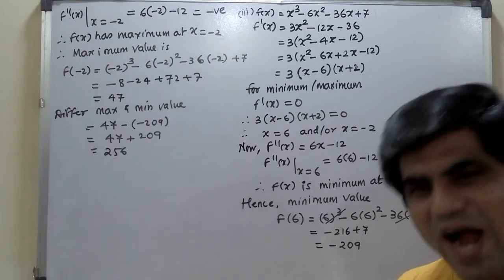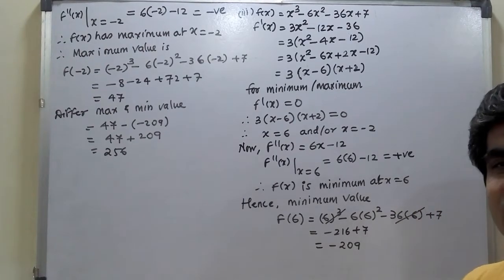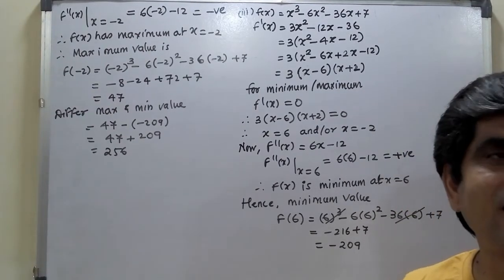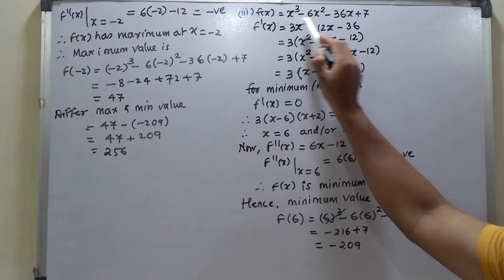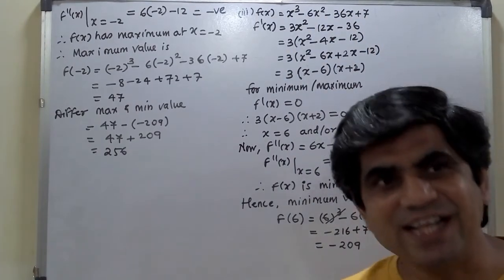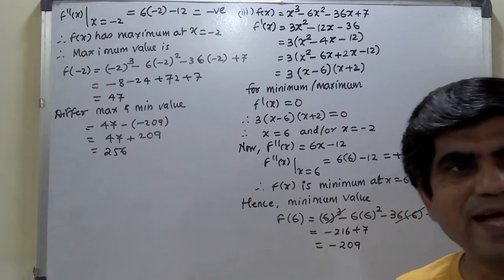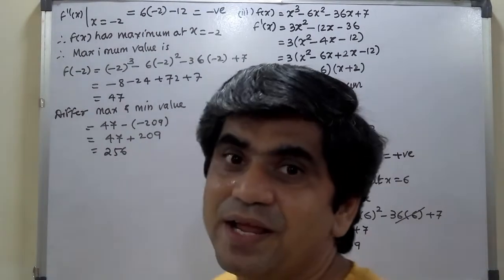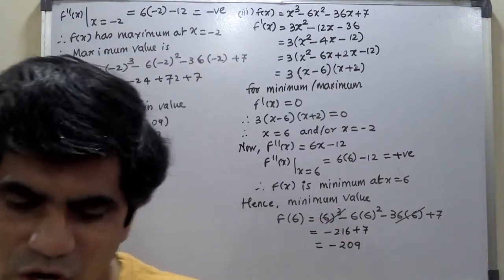Yes, why is it so? Because it is completely dependent on the function which is given. The function decides where it will be maximum or where it will be minimum. Okay, got it?